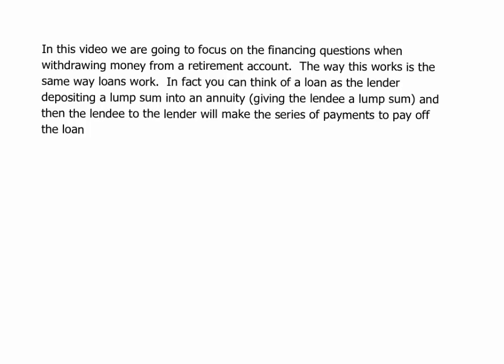We can think of a loan as the lender depositing a lump sum into an account and then getting withdrawals from it. The withdrawals from that lump sum are coming from the person who borrowed the money. So you can think of a loan as an annuity for the lender.